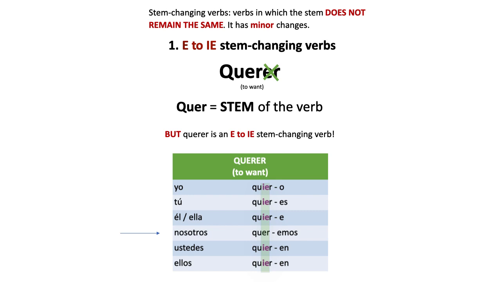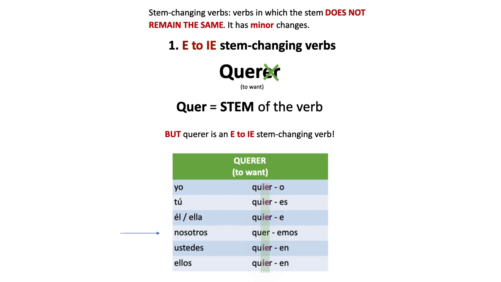This is very important. This is a rule that applies to all stem changing verbs. The change of the stem occurs everywhere except for the nosotros form. The nosotros form does not undergo the change in the stem. It remains the same.